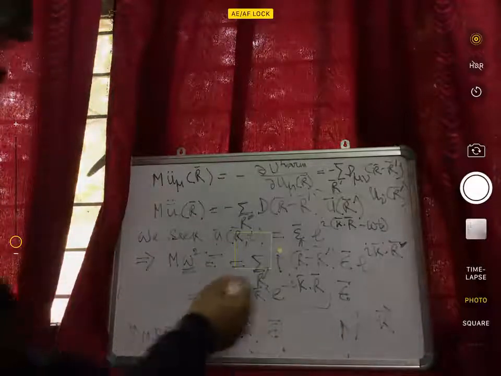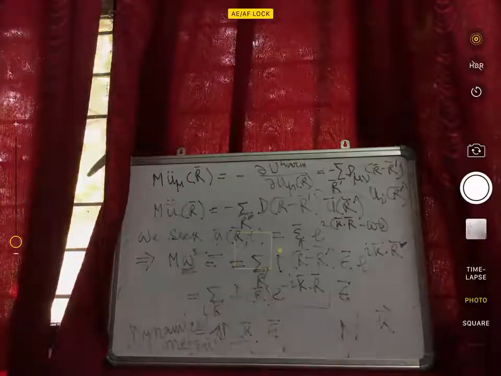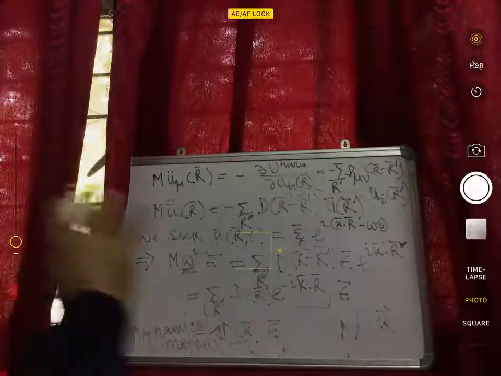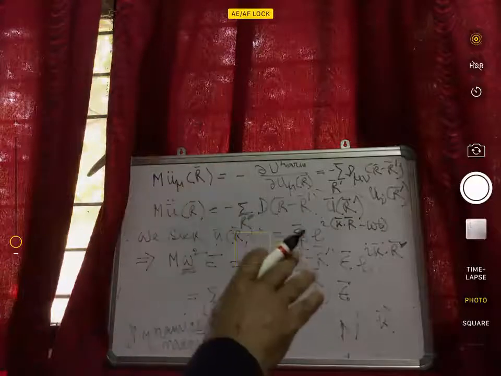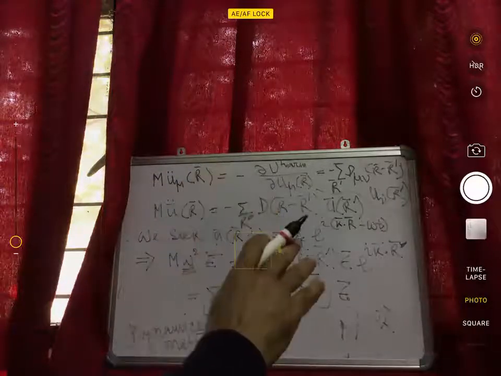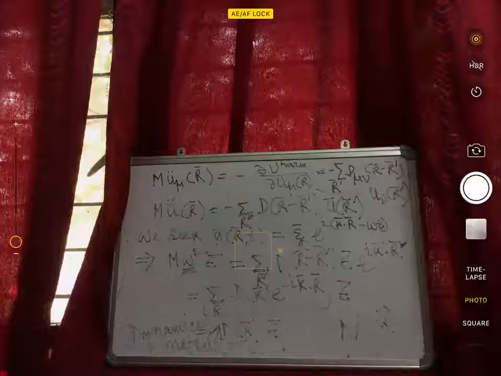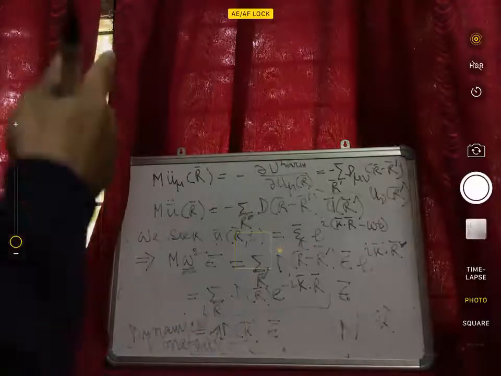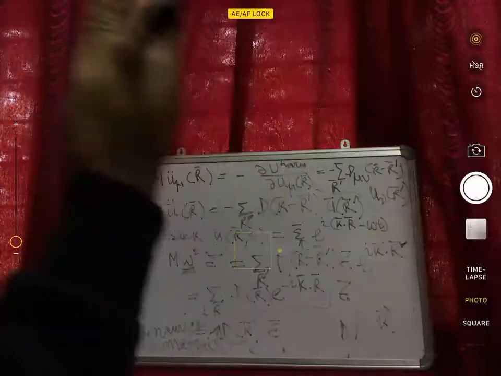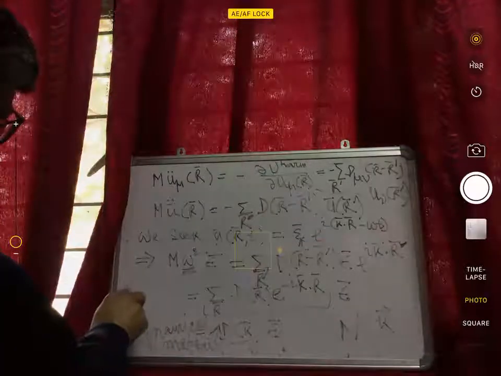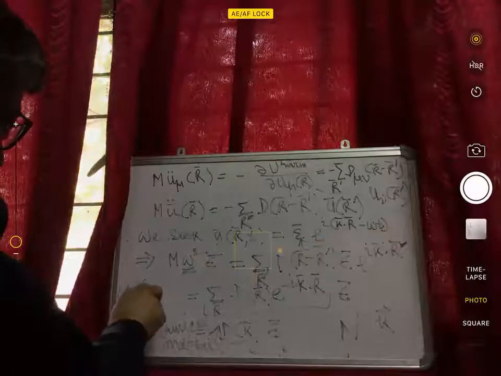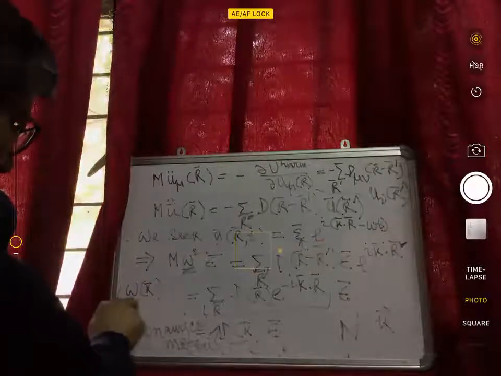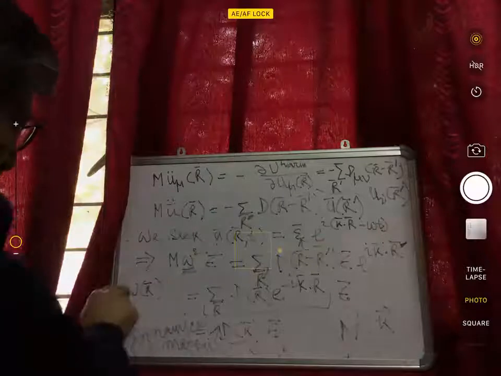And these epsilons will give you the corresponding eigenvectors. So these are the normal modes of vibration of this three-dimensional crystal. There are N atoms in 3 dimensions, so you have 3N normal modes. Once you calculate omega squared, the corresponding omegas are the frequencies. So omega k's are the frequencies of the normal modes.